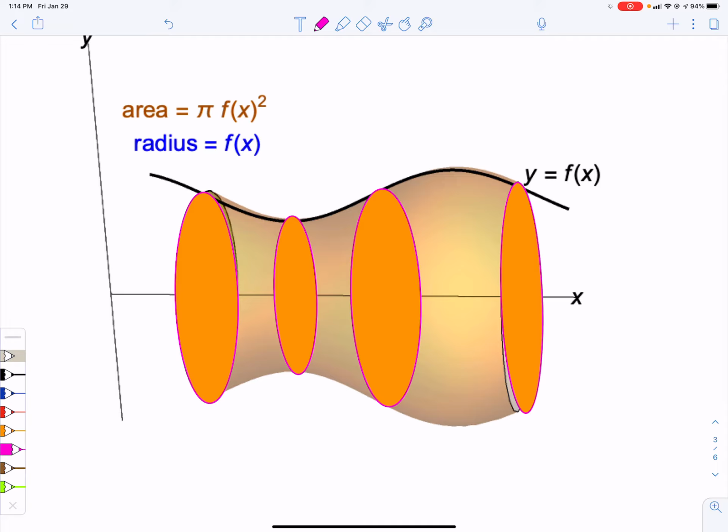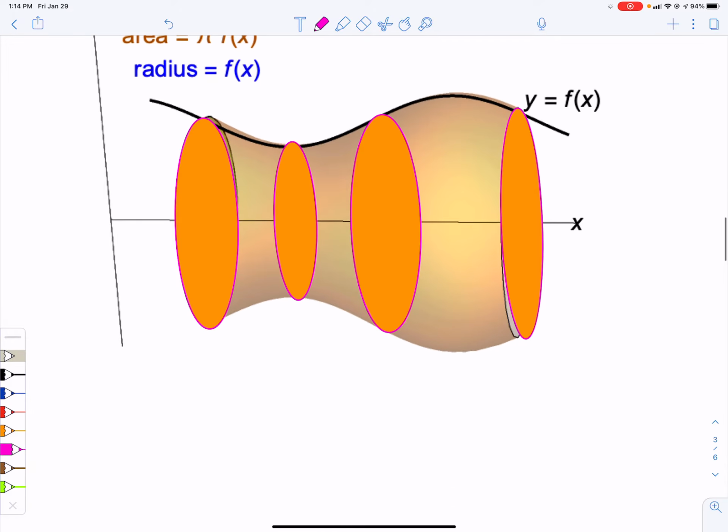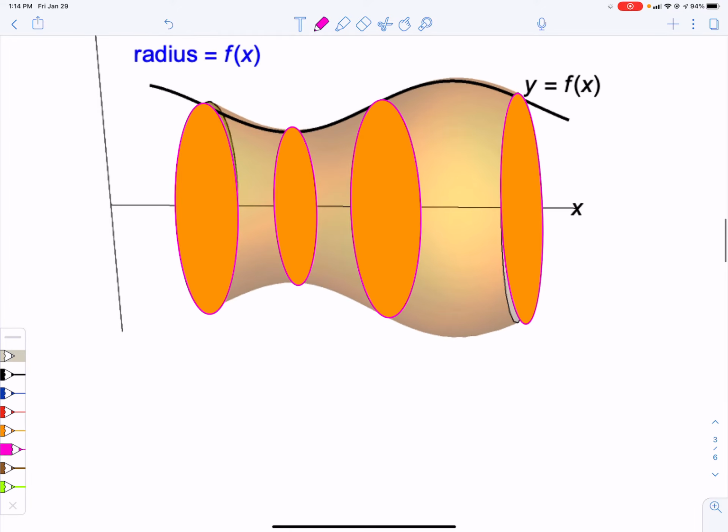And so the concept, we wanted to get the volume of each of these, assuming they all have some kind of a thickness, okay? They all have some kind of a thickness, right? And so I'm going to make it almost like a coin, you know?